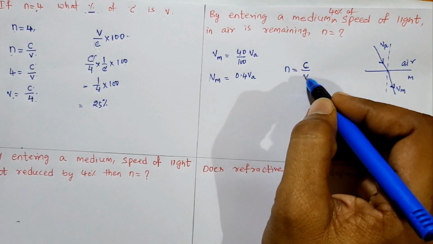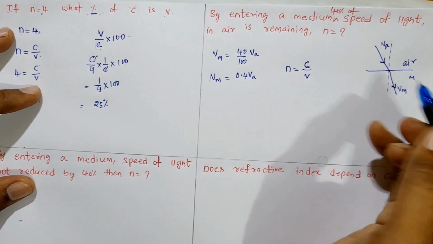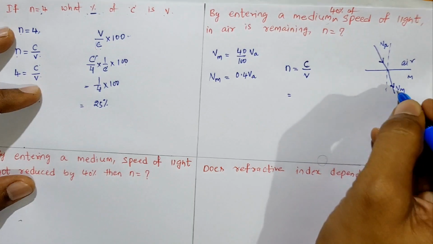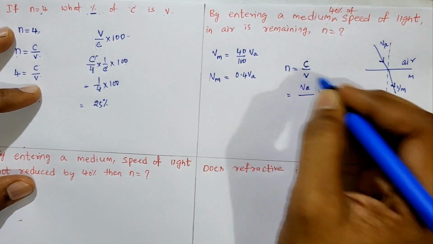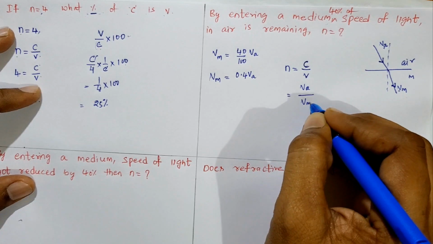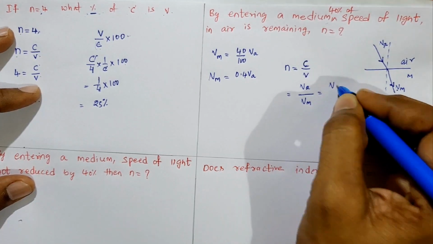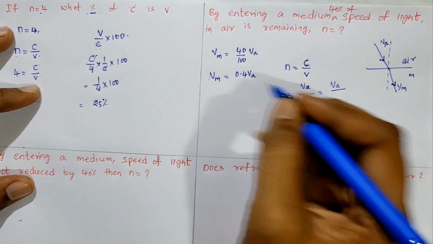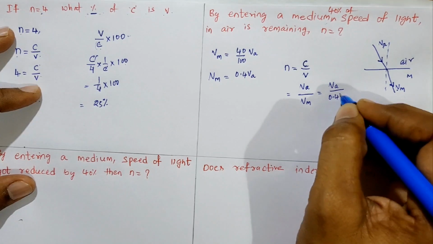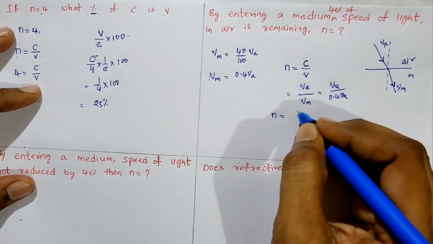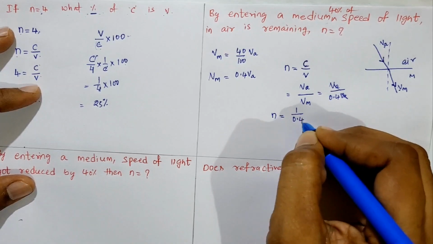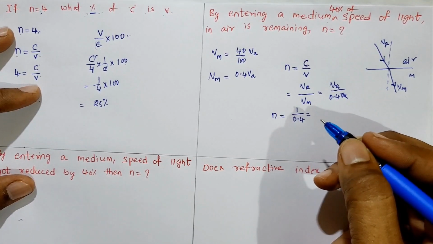What is V? V is the speed of light in that medium, that is Vm. So N is VA divided by Vm, which is VA divided by 0.4 VA. VA cancels, so N is equal to 1 divided by 0.4.